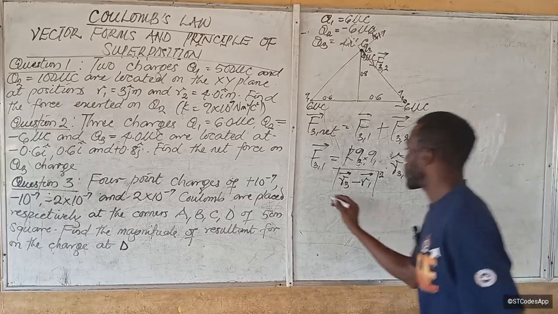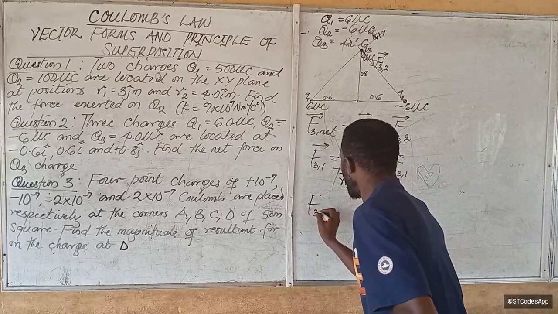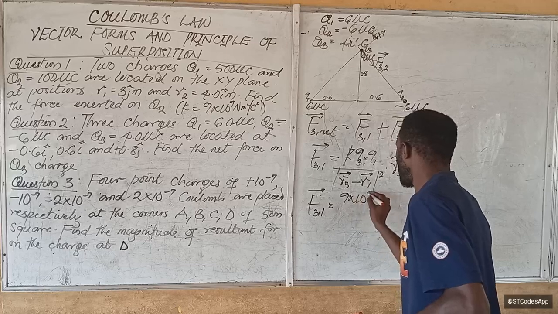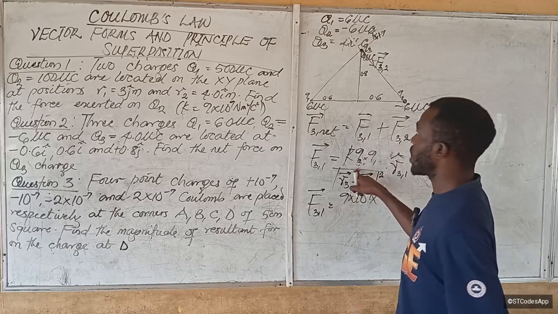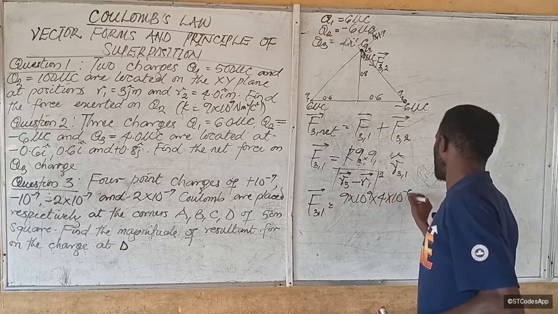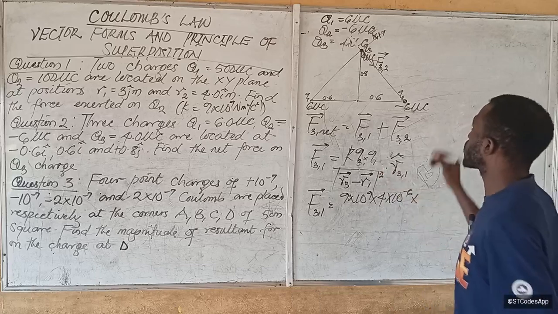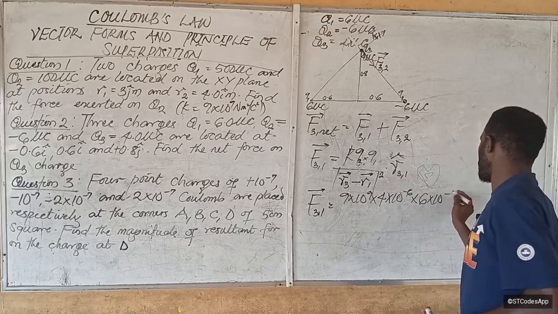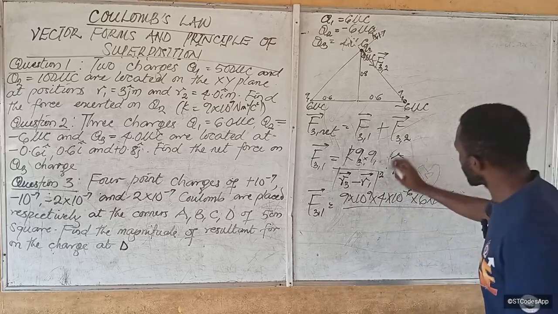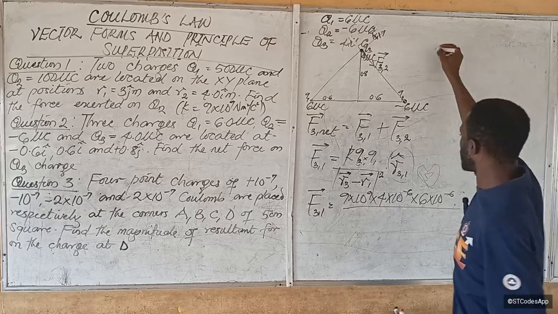Okay? So our F31 will be equal to K, which is 9 times 10 raised to the power 9, times Q3, which is 4 times 10 raised to the power minus 6, multiplied by Q1, which is 6 times 10 raised to the power minus 6, all over the distance squared, dot r hat. Now we have to find our position vector and unit vector.